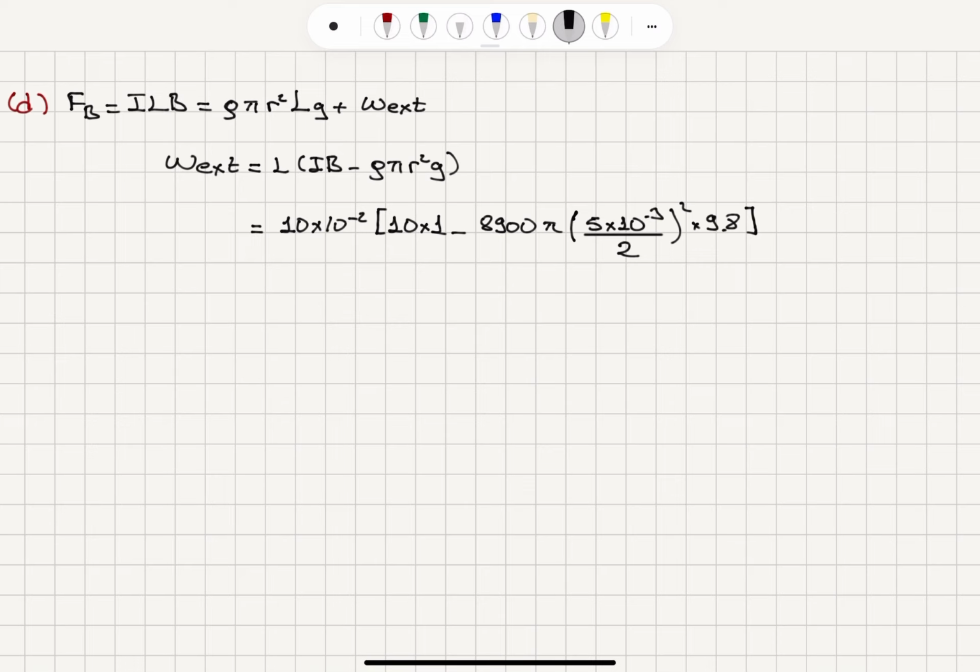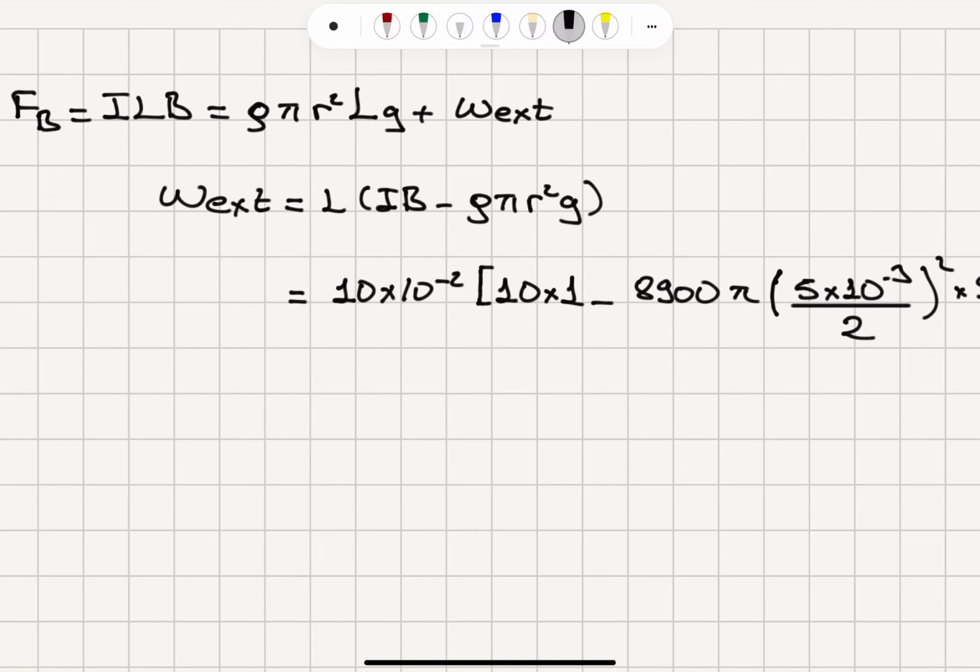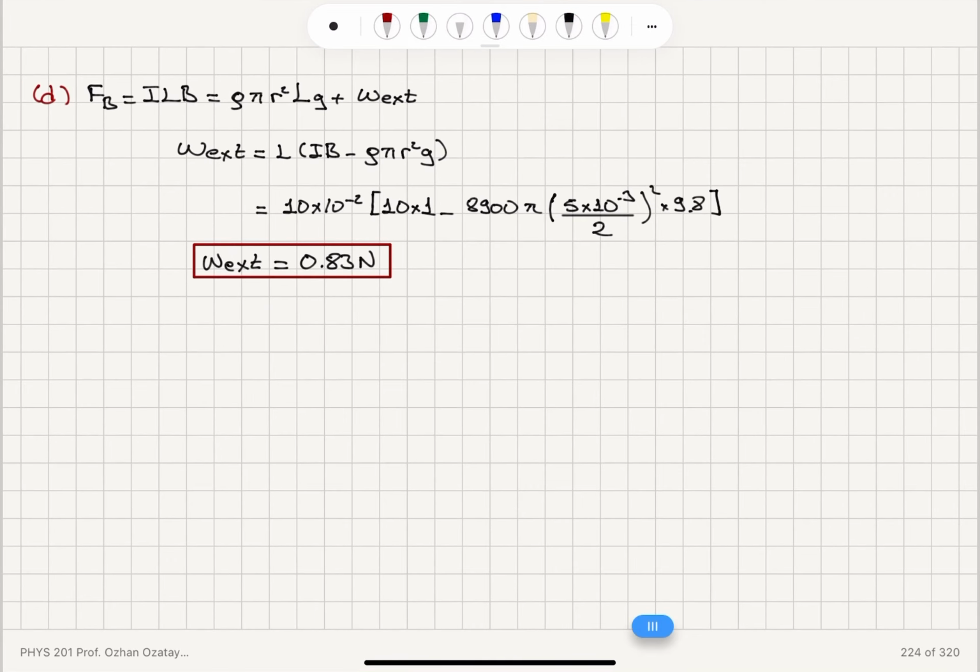So that gives me the extra weight, and the extra weight I can handle would be 0.83 newtons with this calculation.